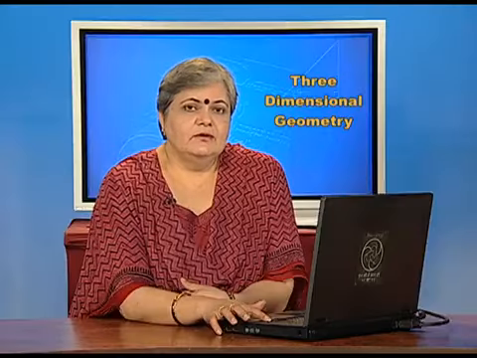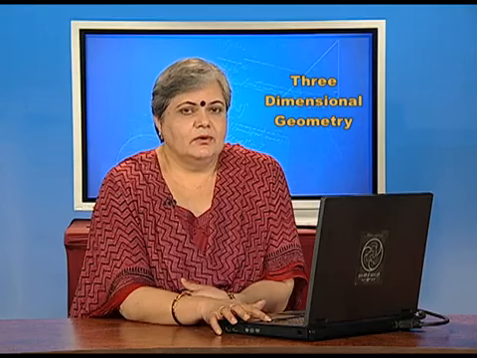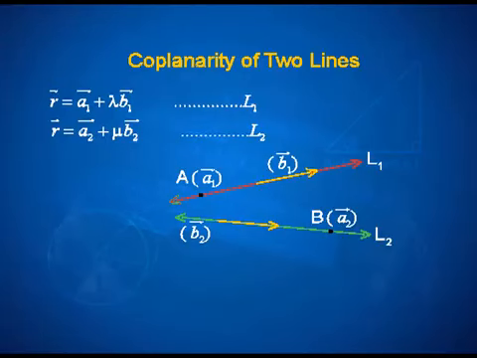From the basic vector chapter and the conditions about the cross product, we know that the vector b1 cross b2 is always perpendicular to the two vectors b1 and b2 and hence to the plane containing the vector b1 and vector b2.